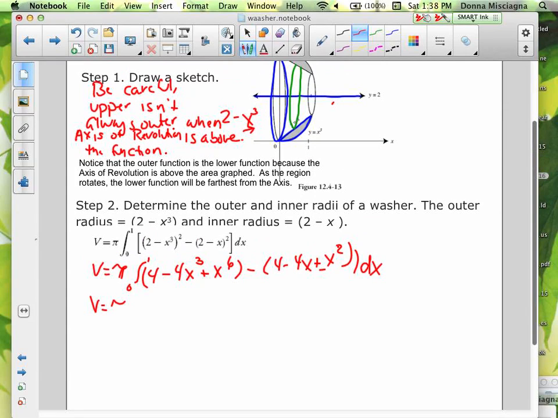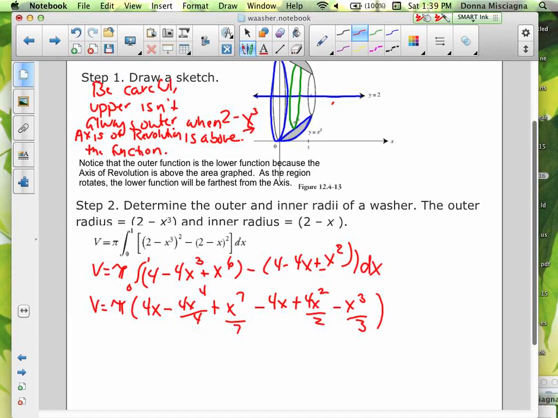So volume is pi, and this would be now 4x minus 4x to the 4th divided by 4 plus x to the 7th divided by 7, and then minus 4x, and this would be minus a negative, so that's going to be a plus. So that's going to be plus 4x squared divided by 2, and then minus x cubed divided by 3.